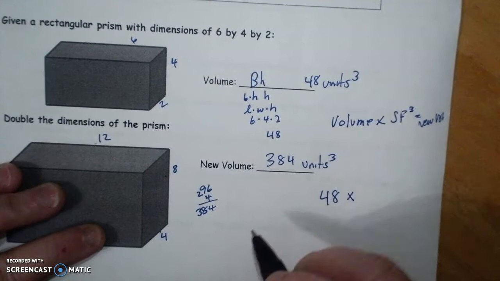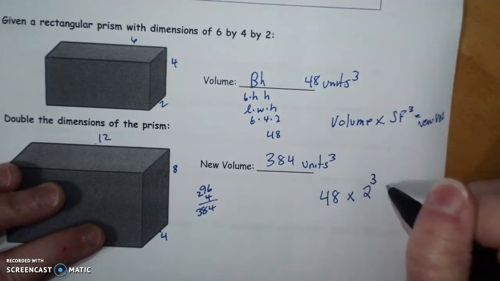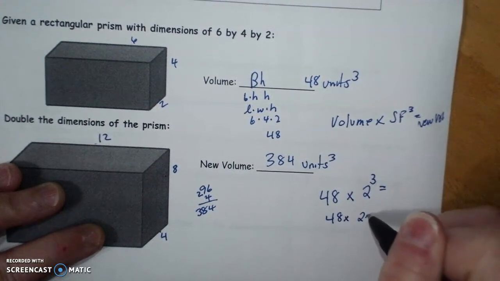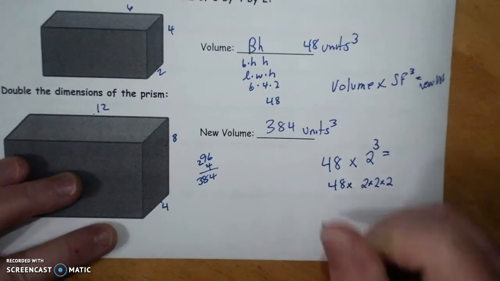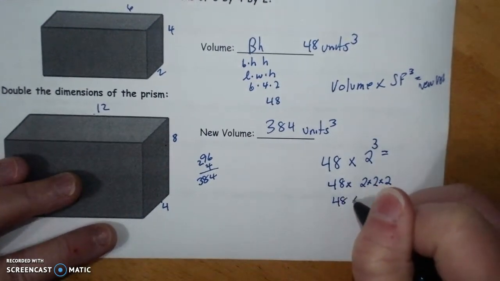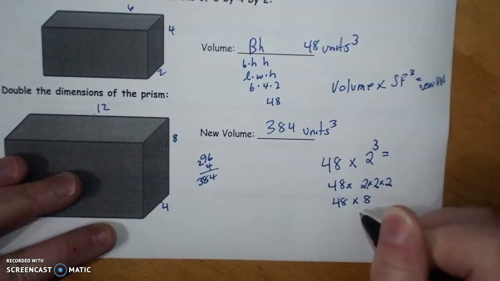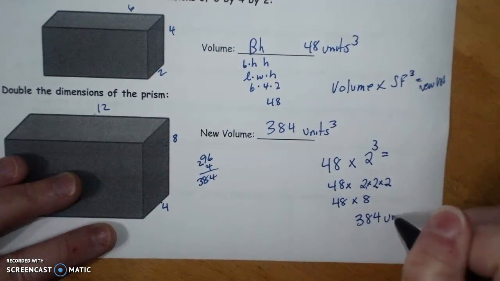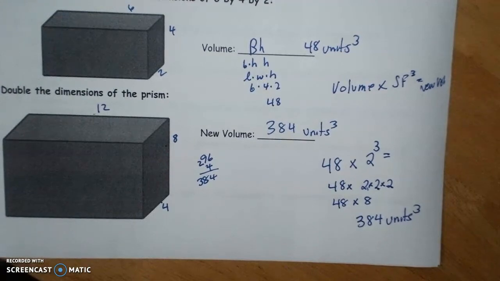I multiply it by my scale factor, which is 2, cubed. 48 times 2 times 2 times 2, which is 48 times 8, because 2 times 2 is 4, and 4 times 2 is 8. And 48 times 8 is 384 units cubed, which gives me the same thing.